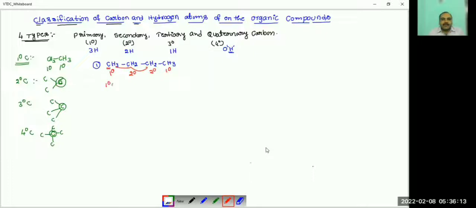Primary carbon atoms are 2, secondary carbon atoms are 2. Primary carbon contains how many hydrogens? 3 hydrogens into 3, so 6 primary hydrogens are present. And the secondary carbon contains 2 hydrogens, so 4 hydrogens are there.